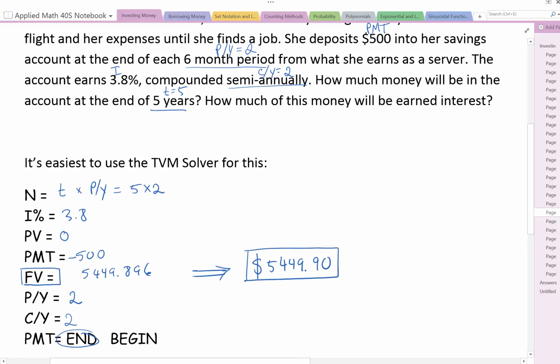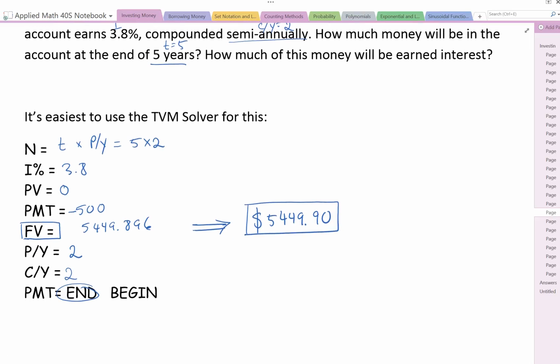Now the question also asks how much of this money will be earned in interest. So in order to do that, we would have to take our future value and subtract off our principal. So our interest would be this value that we just calculated, subtract the initial 500, but we didn't just put $500 in there, we put $500 twice a year for 5 years.